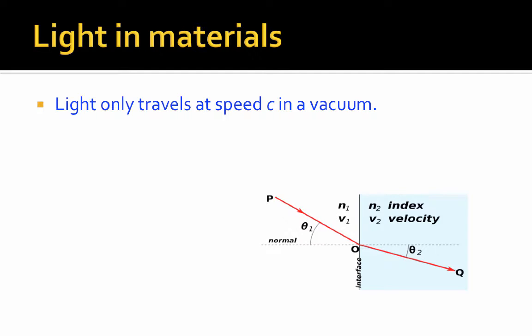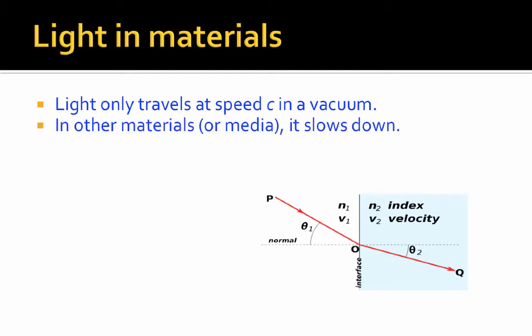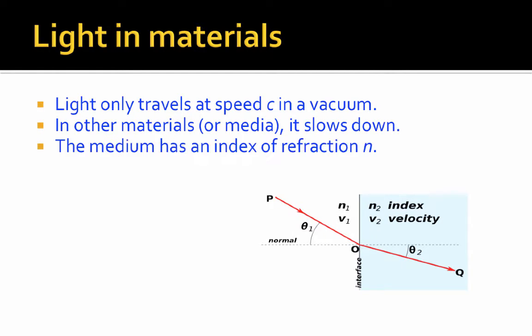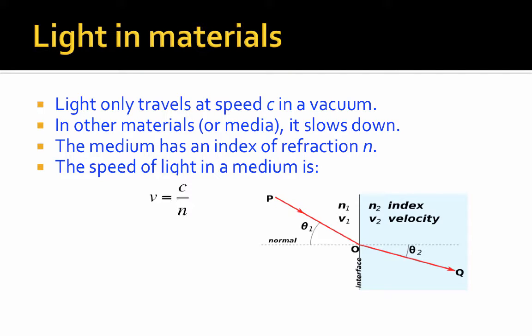And another basic piece of information is that when light travels through a material, it is different than when it travels in a vacuum. When it travels in a vacuum, like space, it travels at the speed of light, c. But in any other material, it slows down. What we say to describe that slowing of light is that the medium has an index of refraction, n. And the index of refraction is actually what defines the speed in a medium, or vice versa.